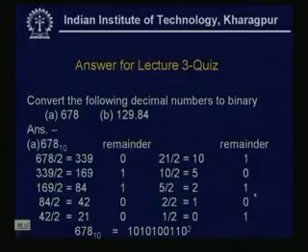We have to take the remainders in reverse order, that means 1010100110. So, this is my number in binary.